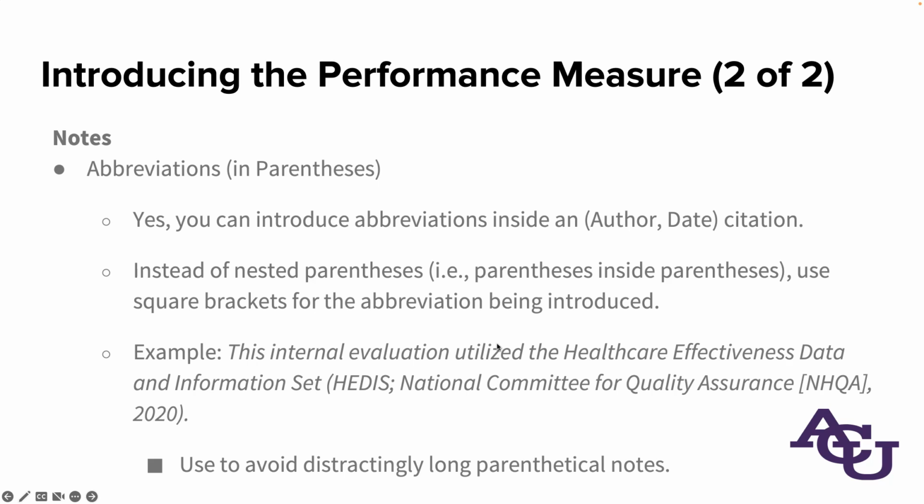So you can see we've updated the sentence in the previous slide. This internal evaluation utilized the Healthcare Effectiveness Data and Information Set, parentheses, abbreviation for that, semicolon, and then the full author name. Then in square brackets, the abbreviation for the author name, and then 2020. And thereafter, I can just refer to it in and outside of parentheses as NHQA 2020.